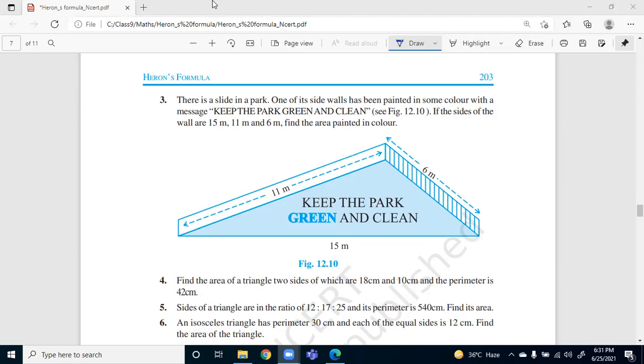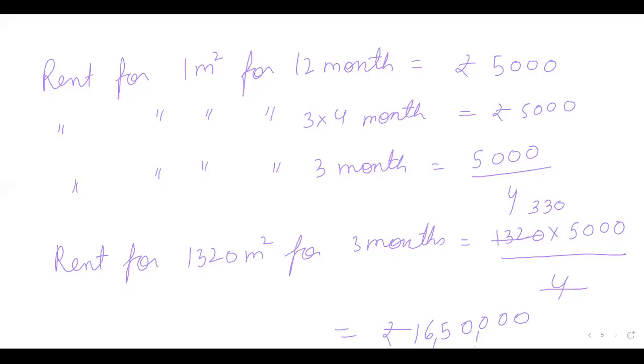Okay, ma'am. Okay, so what is the value of A, B, C? Ma'am, A is 15 meters, B is 11 meters, and C is 6 meters.